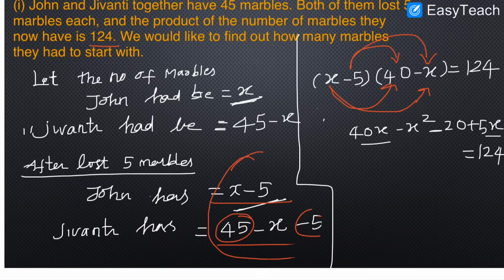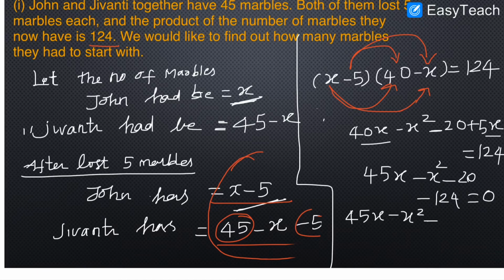Let's reduce the equation. 40x plus 5x is 45x, minus x square minus 200 minus 124 equals 0. So in the next step, 45x minus x square minus 324 equals 0.